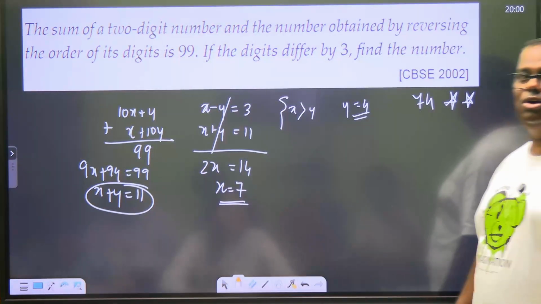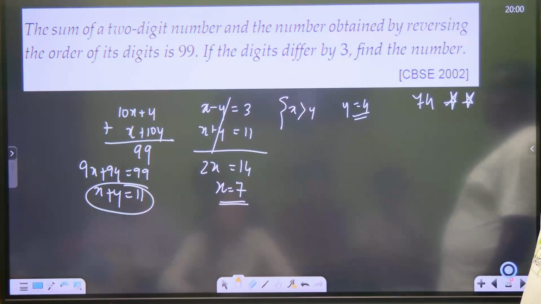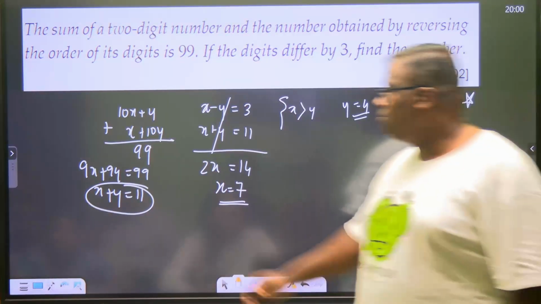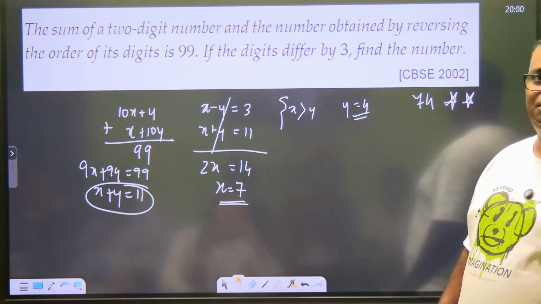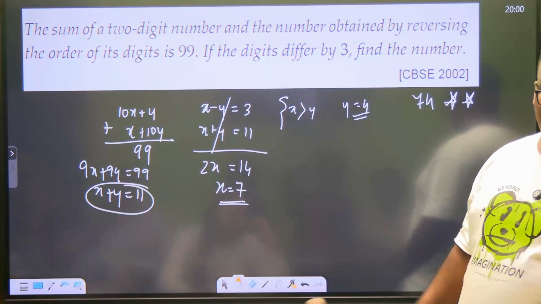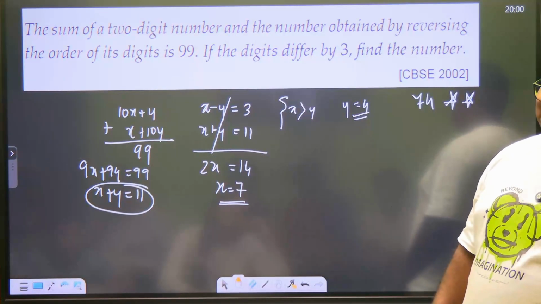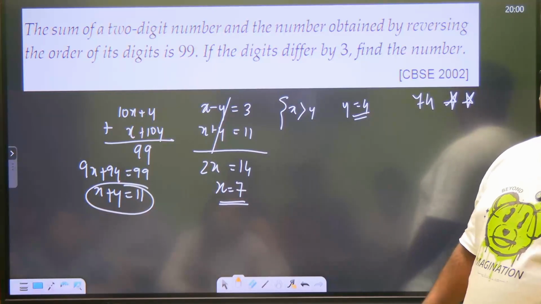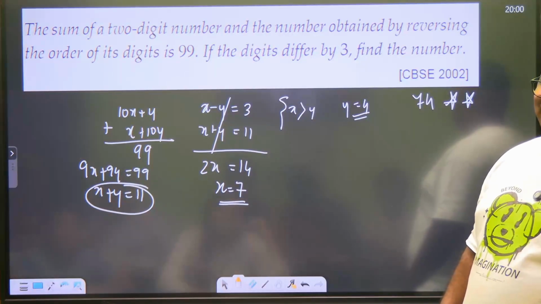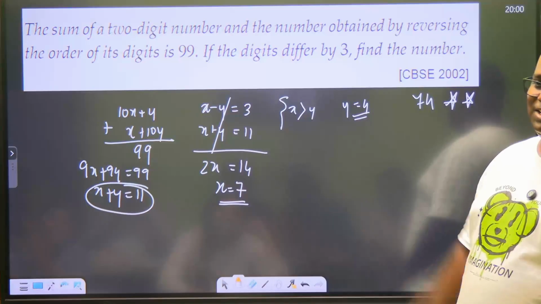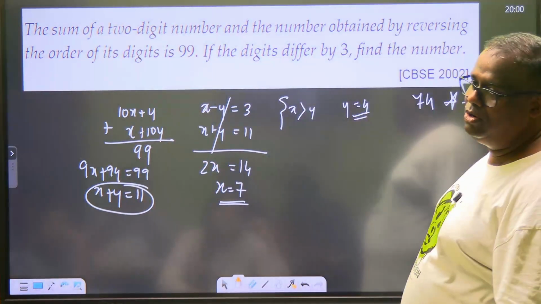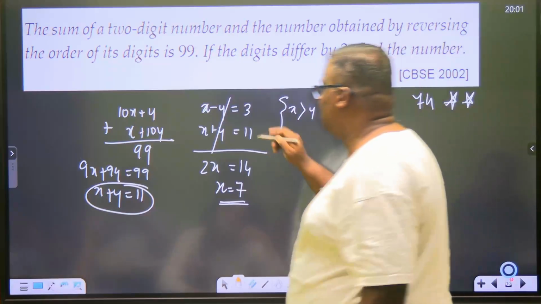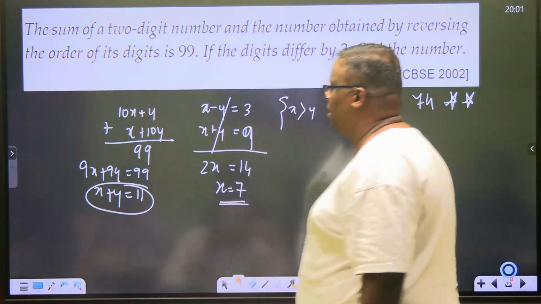9x plus 9y is equal to 99. So that was wrong, right? This will be how much? 11x plus 11y is equal to 99. x plus y is equal to 9 will come. Yes, it's the same thing.